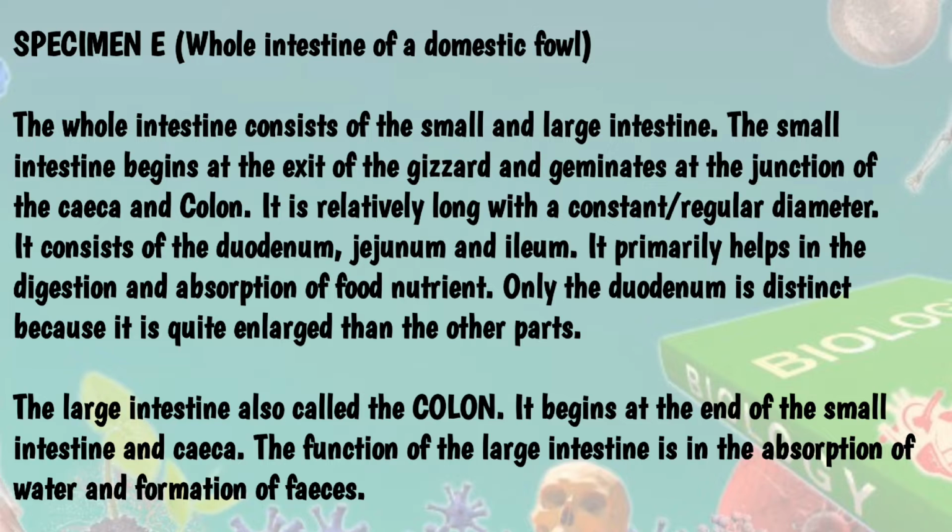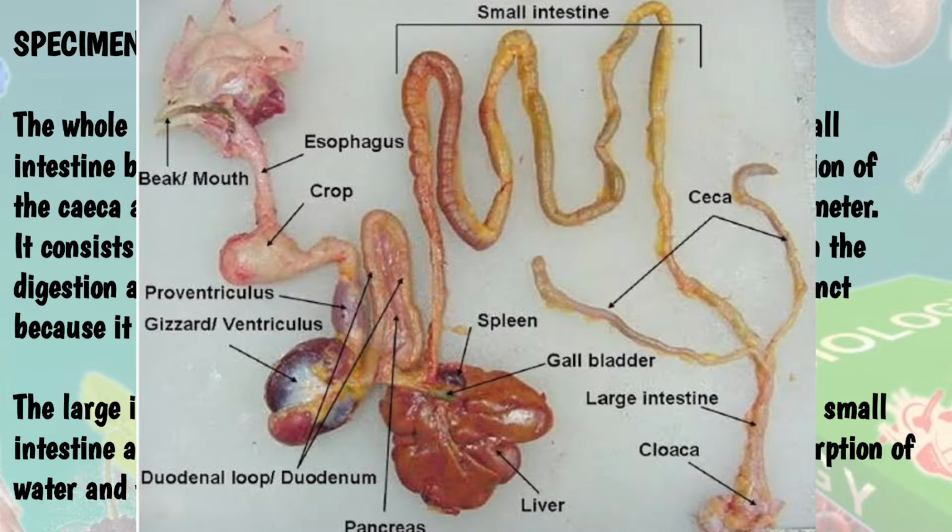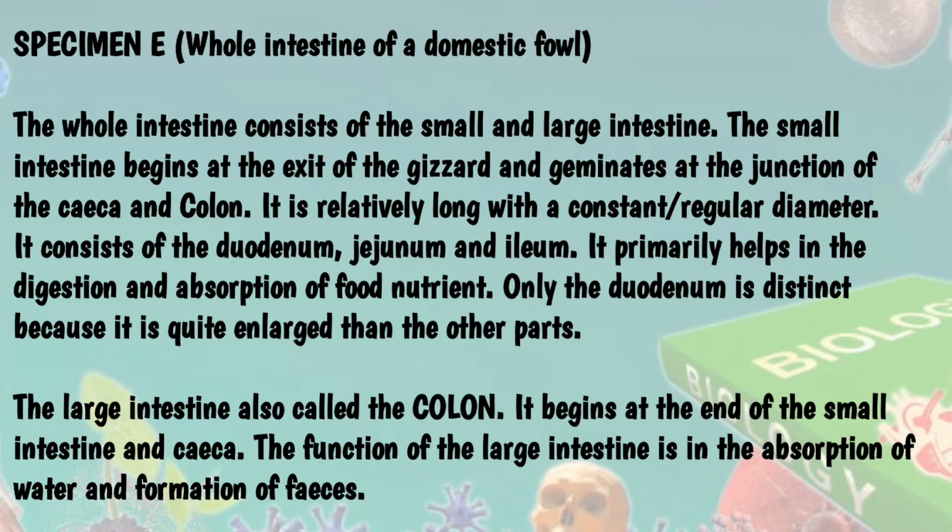The basic function of the small intestine is digestion and then absorption of food nutrients. The duodenum is distinct from the other parts because it is quite enlarged. Like we said, the small intestine digests food particles and also absorbs food nutrients. The large intestine, which is next, is also called the colon. It begins at the end of the intestinal ceca, and its function is majorly the absorption of water and also the formation of feces.